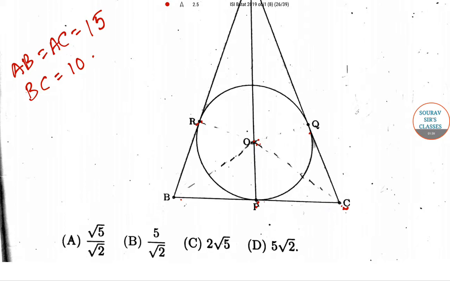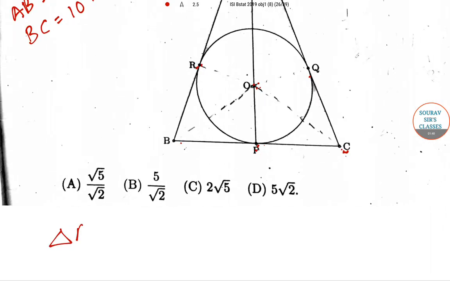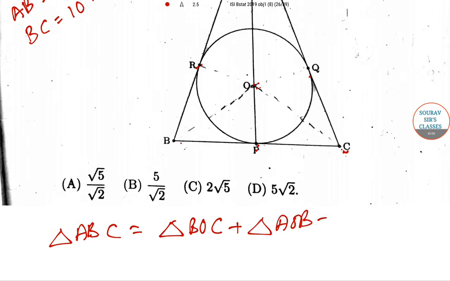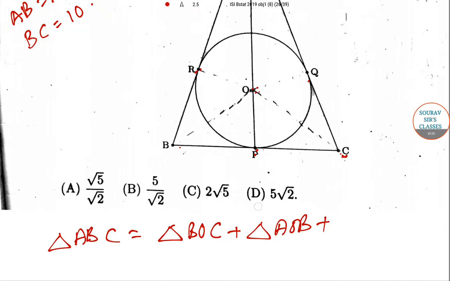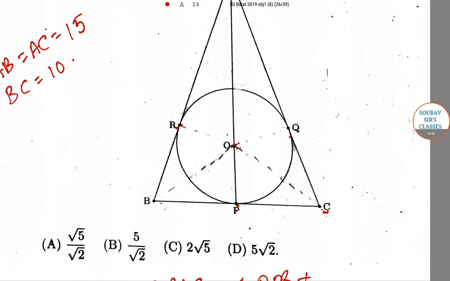Now the area of triangle ABC equal to the area of the triangle BOC plus the area of the triangle AOB plus the area of the triangle AOC.